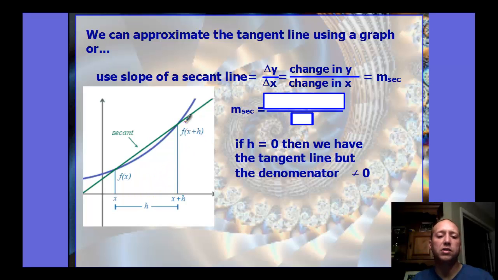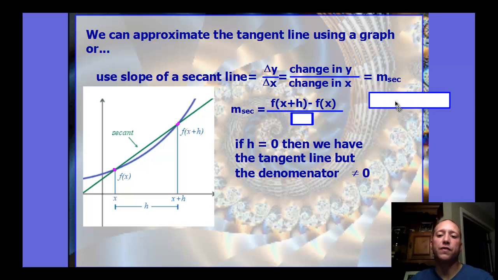So the secant line is the change in y over change in x. Find the slope of the secant line. It can be found, so m of SEC is a secant slope. The slope of that is found by doing f of x plus h minus f of x.